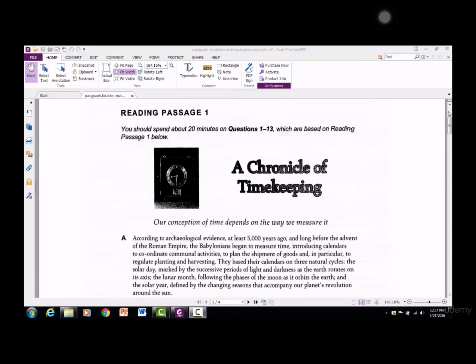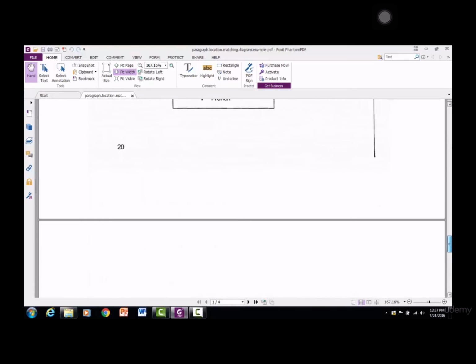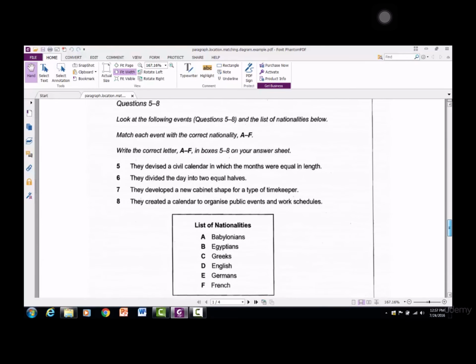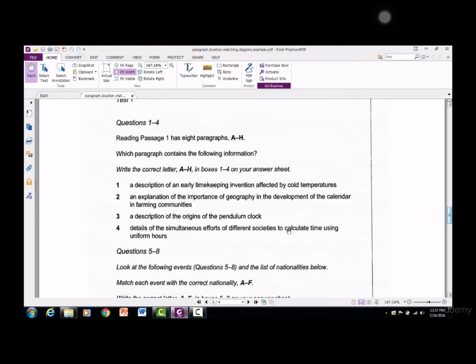All right, so let's look at a diagram question. We've seen this reading passage before because I used it to do a matching question, which we learned earlier. We did this matching question right here earlier, and I also explained with this passage how to do the paragraph location question, in terms of the fact that we don't do it first.